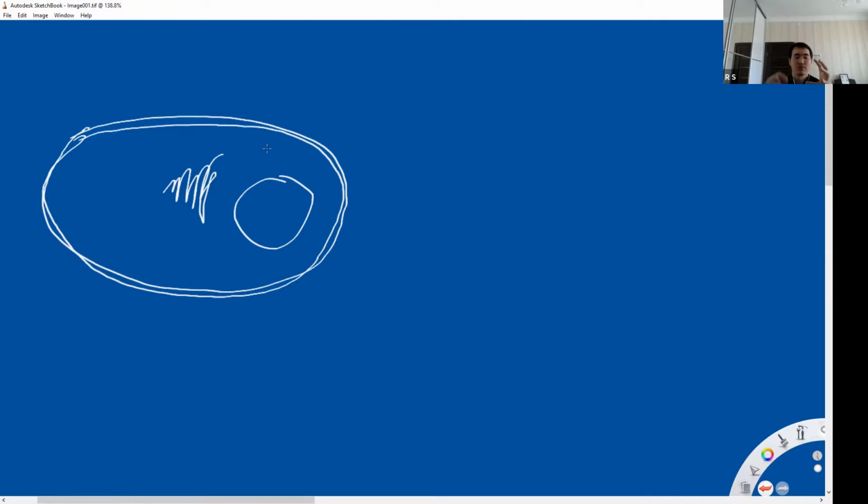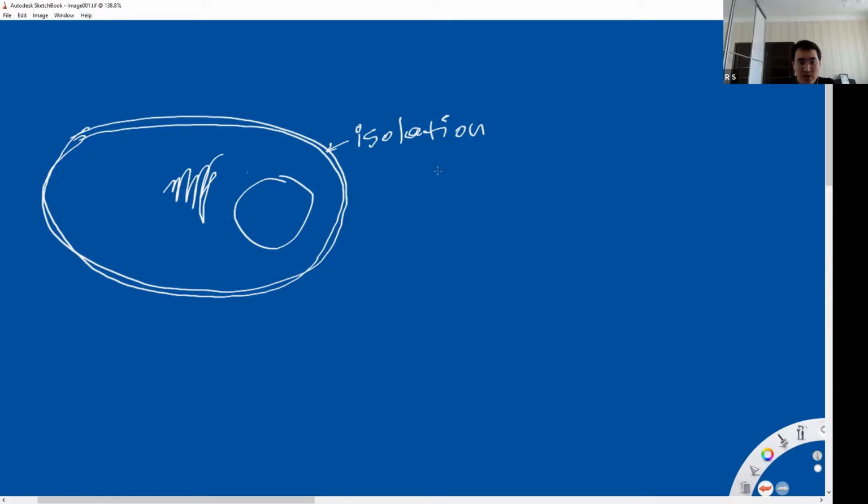So it kind of envelops the whole cell. So it's the isolation of the cell structures, etc.